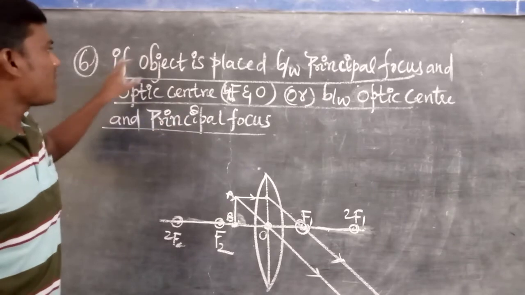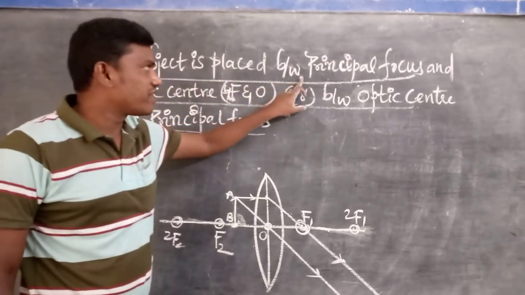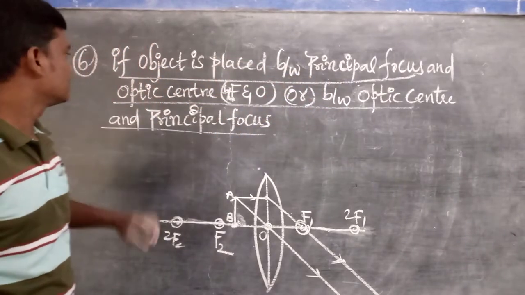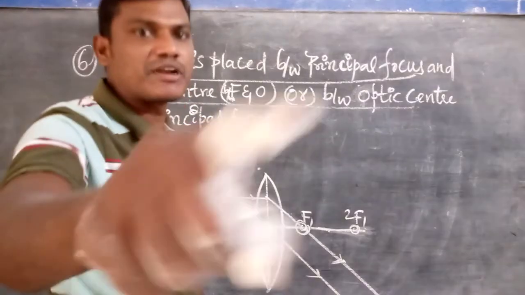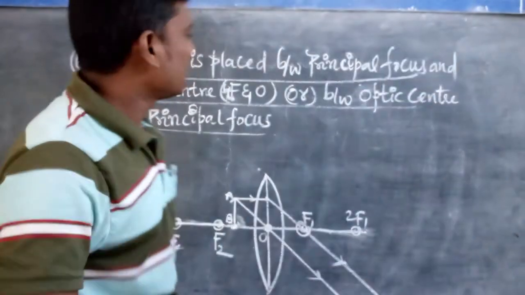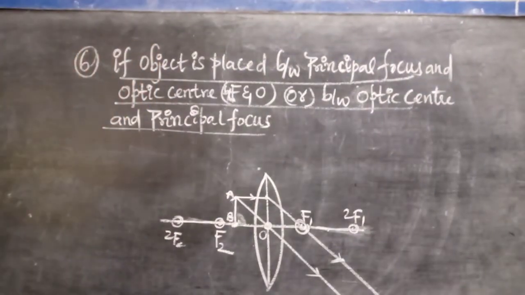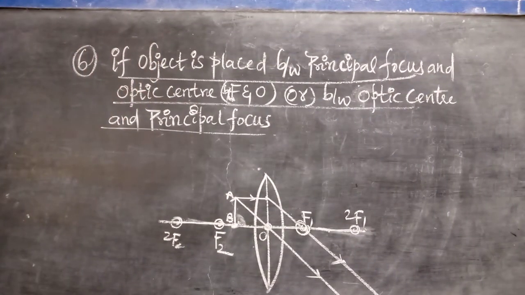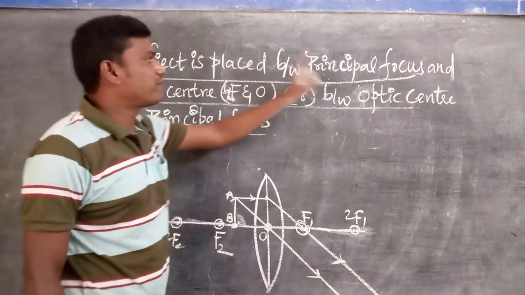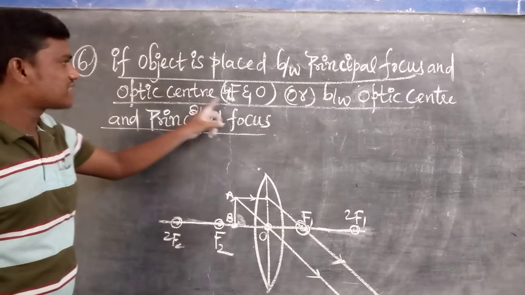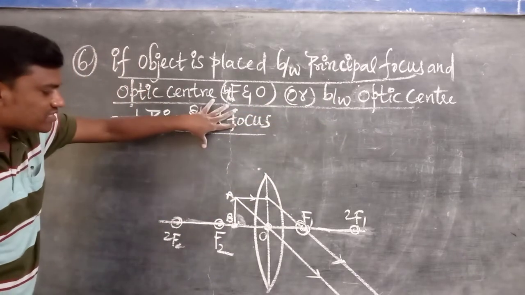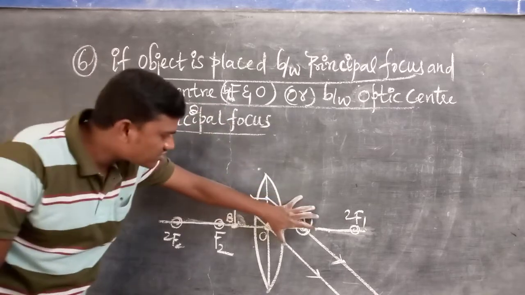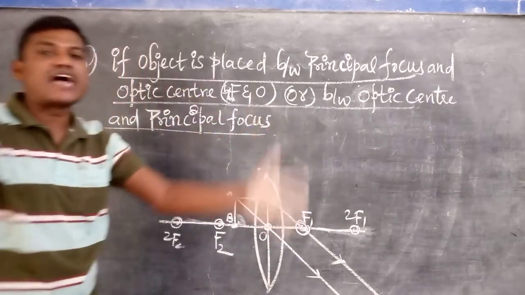If the object is placed between principal focus and optic center, you are observing very clearly, during such a condition, after the refraction, the two rays never meet at any point.